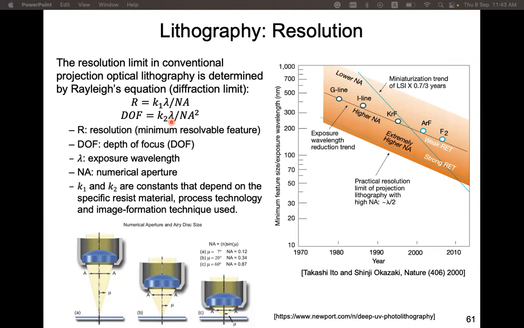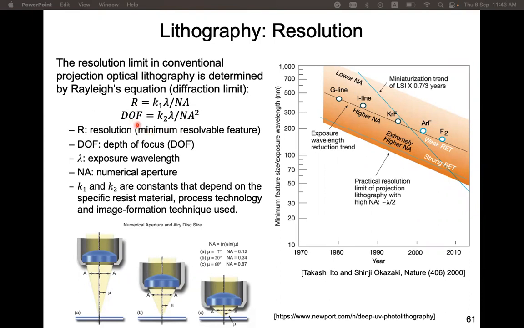You get a smaller wavelength, it gets worse. For resolution R, we want it to be small. But for the depth of focus, small is challenging because we need to align the wafer very precisely. A small deviation from the supposed position will cause some error.